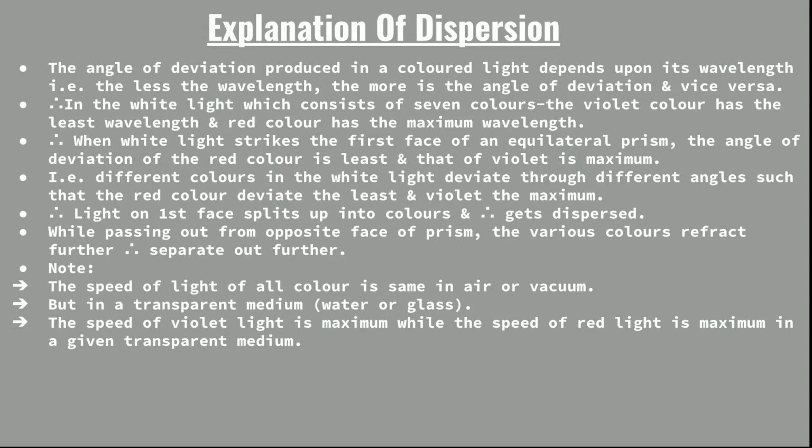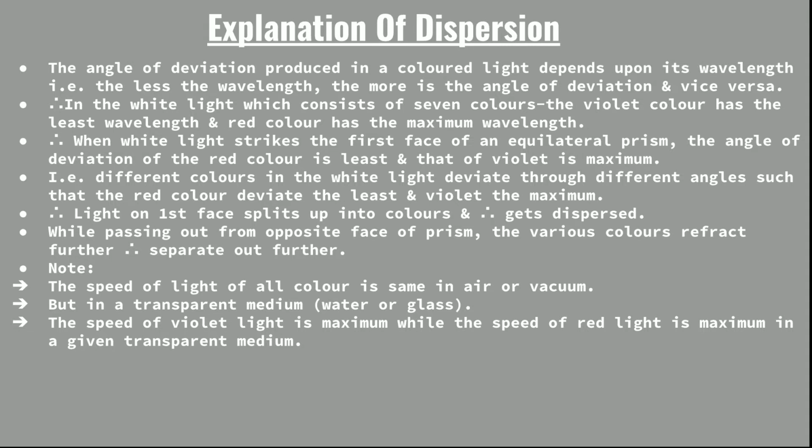This deviation and the wavelength depend on the speed of the light. The speed of light of different colors in a given transparent medium is different.